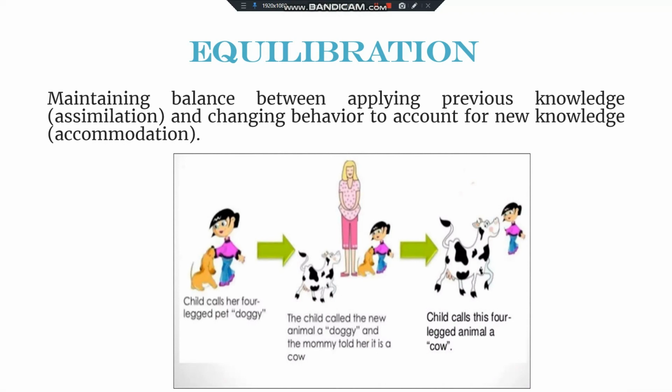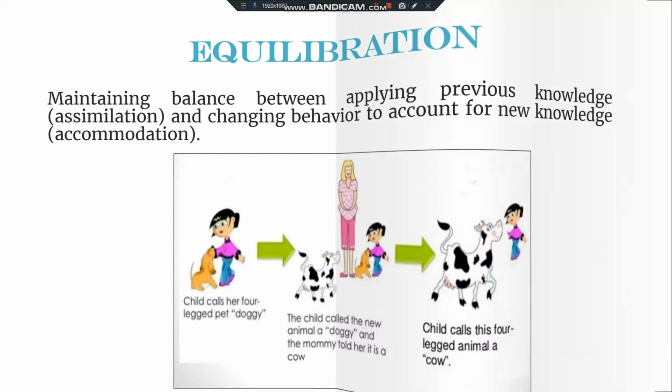Then the mom tried to correct her, and after that the child called the four-legged animal a cow. That is applying previous knowledge and changing behavior to account for new knowledge, assimilation and accommodation, so that her learning will be in balance.